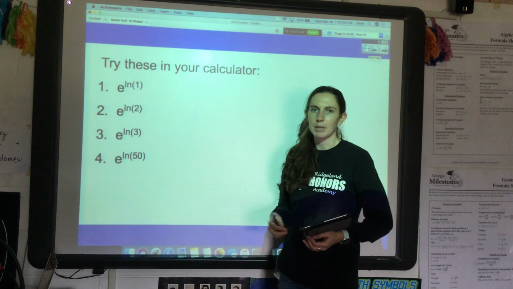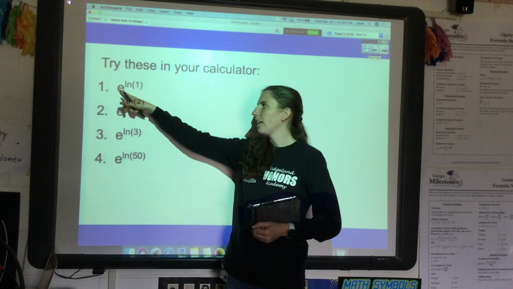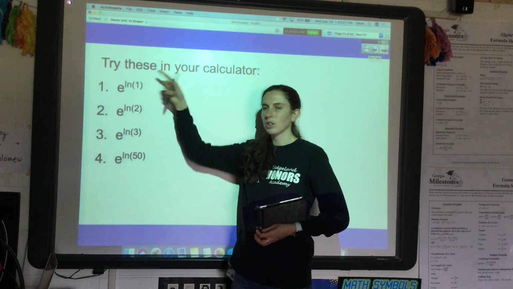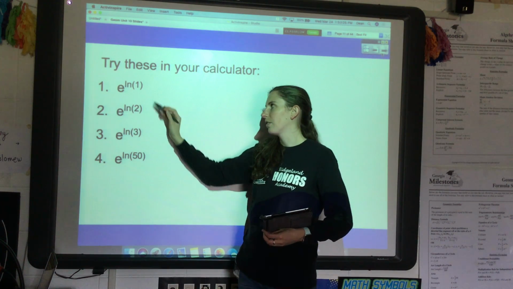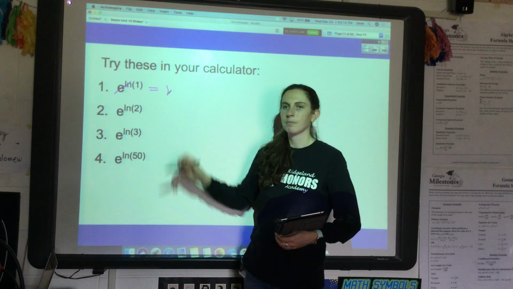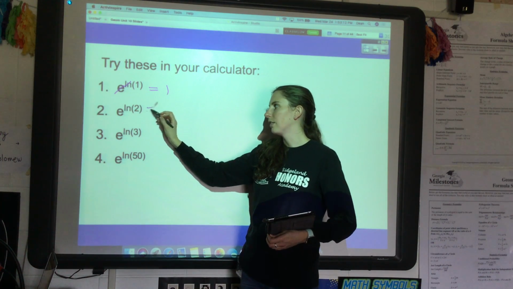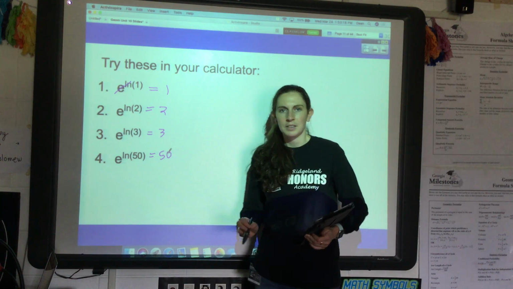We're not quite to this yet, but I do want to show you it can cancel out another way as well, which is if you do e to the power of the natural log of something, those also cancel out. So feel free to try these in your calculator as well, but these will still just cancel out and give us a 1. This will still cancel out and give us 2 or 3 or 50. So pretty handy.